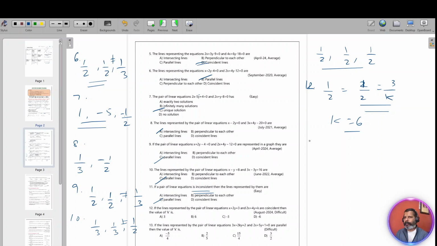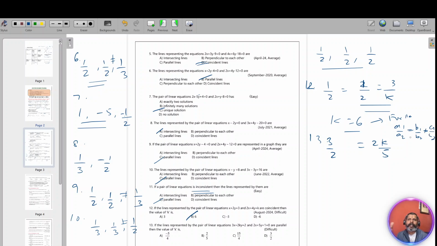13th one. Same. Parallel means the first two ratios are equal, and not equal to the third ratio. So let's see. 3 by 2, first A1 by A2, and 2k by 5. You have to write all these conditions. I'm just giving you answers here on how to calculate. For parallel lines, you have to write like this: A1 by A2 equal to B1 by B2 not equal to C1 by C2.